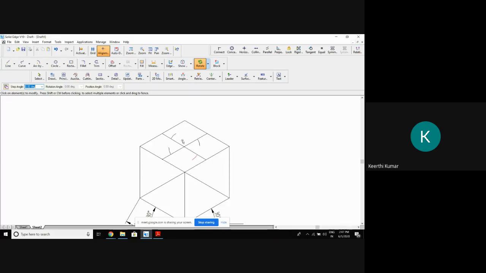Once this is done, I want a square of this dimension, right? So go for the line. Draw the line parallel to this. Draw the line parallel like that. You try to draw parallel to the boundary. The line should be parallel to the boundary.